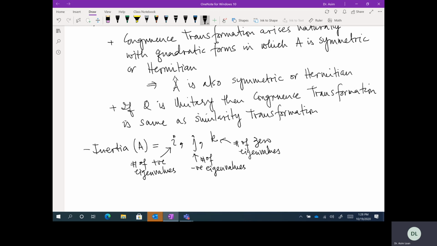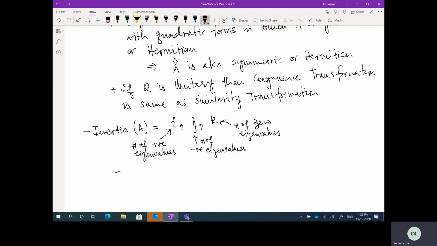So the inertia of A is equal to the inertia of Q H A Q for a non-singular Q.